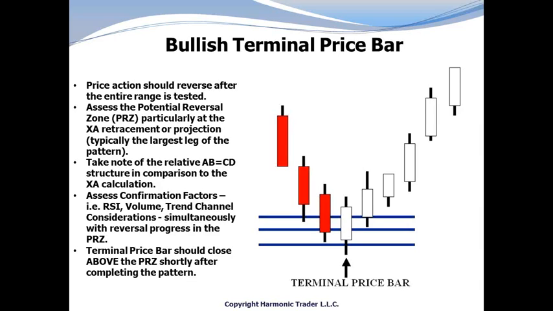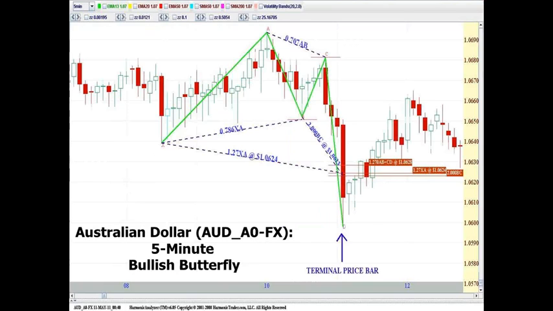It's important to take note of the relative ABCD structure in comparison to the XA calculation. Again, we want to assess confirmation factors, RSI, volume, trend channel considerations simultaneously with the reversal progress in the PRZ. The terminal price bar should close above the PRZ shortly after completing the pattern in a bullish setup.